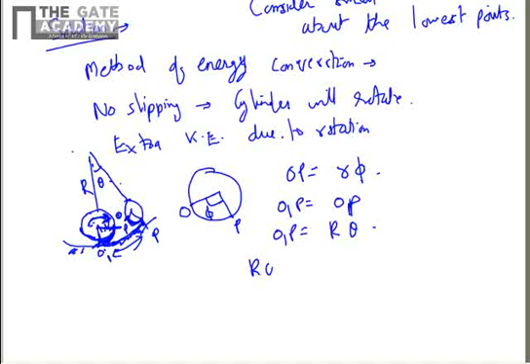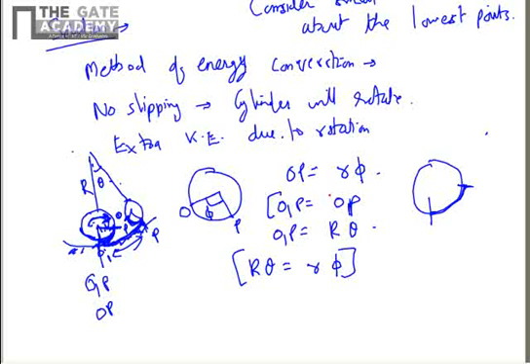Hence you get R theta is equal to r xi. This is just from the consideration of the surface: after rolling, the distance traveled on both surfaces would be the same. The distance traveled on the base surface is O1P, and the distance traveled on the rolling cylinder is OP, and both distances should be the same. That's why this condition comes, and you get the identity like this.